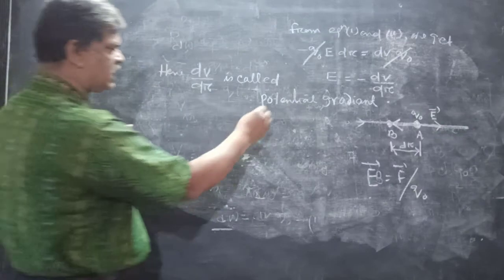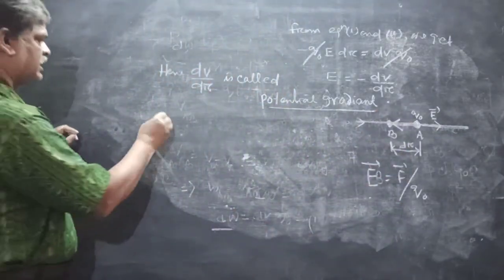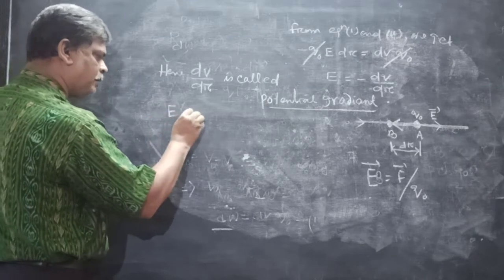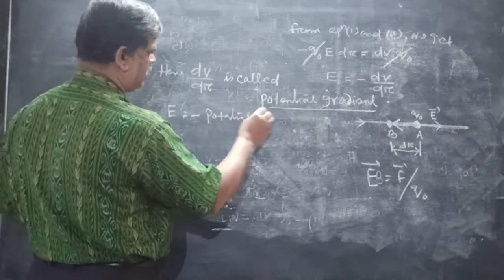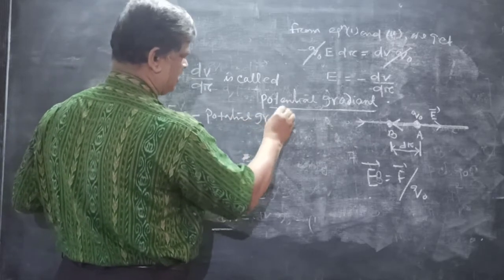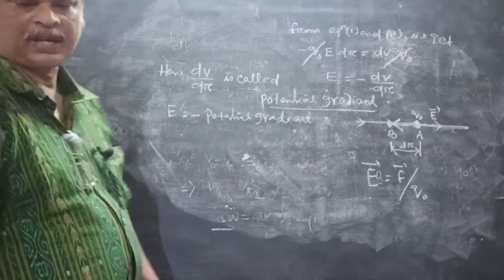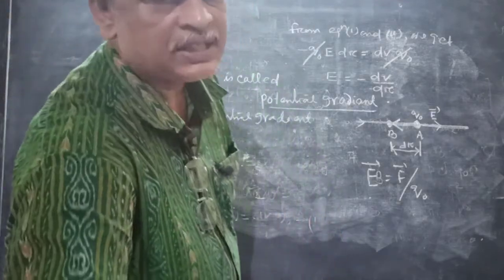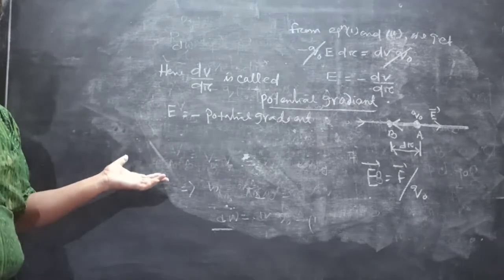So E is equal to minus of the potential gradient. Thus, the electric field intensity is equal to the negative of the potential gradient.